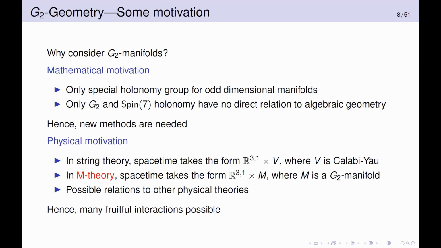And M theory is believed, as well as string theory, to solve the greatest problem in theoretical physics, which is unifying gravity and quantum field theory, but I can't say anything about that. There are some possible relations to other physical theories that we hope for fruitful interactions. Like, for example, yesterday we have seen in other areas what physics intuition can lead to, and here we hope for similar input.